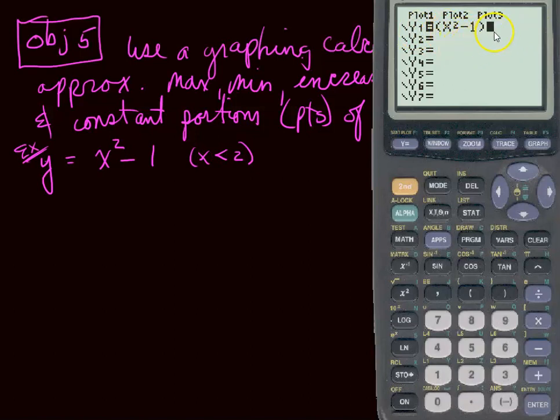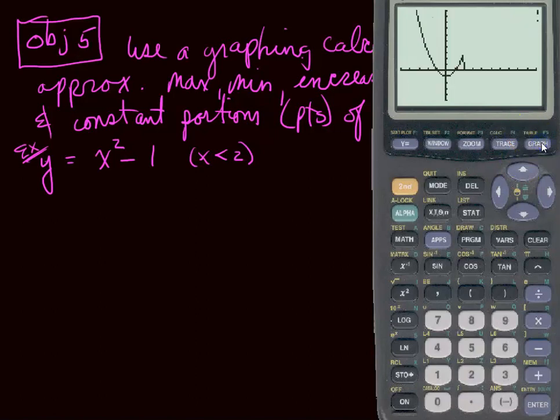So we're going to put also in parentheses, left paren, the x. Less than is located in this test above the math key, which is below the alpha. So we do second math, and here's the test we want, less than, which is number 5. And 2, right paren. Now when we graph it, it stops at 2.